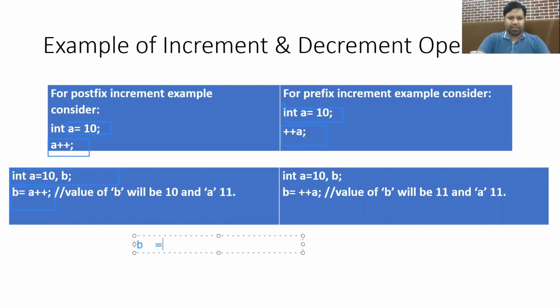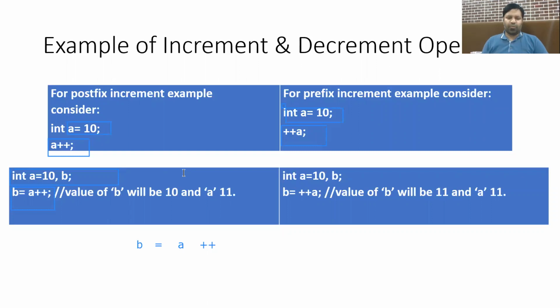So please have a look at the screen. b is equal to a plus plus. Now we have applied the plus plus increment operator on a. Because it is a postfix increment operator, the expression will be evaluated first and then the value of a will be incremented. If you remove the increment operator from this expression, the expression becomes b is equal to a.